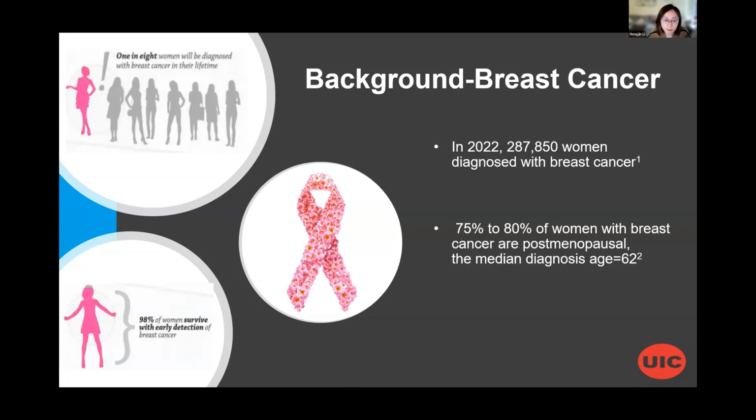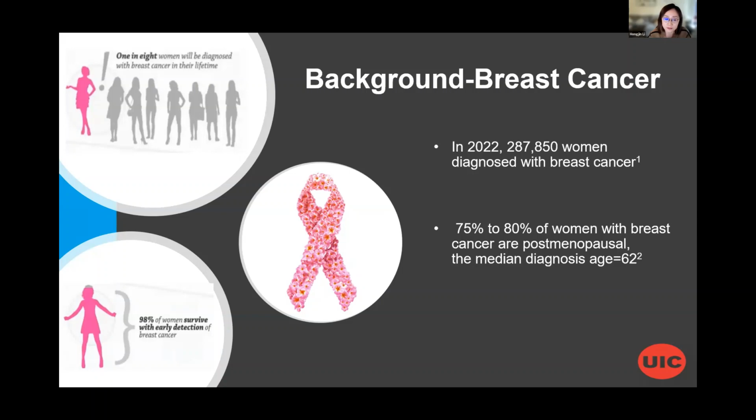According to a report of the American Cancer Society, 75 to 80% of women with breast cancer are postmenopausal, and the median age at diagnosis is around 62. With the development of cancer treatment, the good news is 98% of women will survive if they detect breast cancer early.